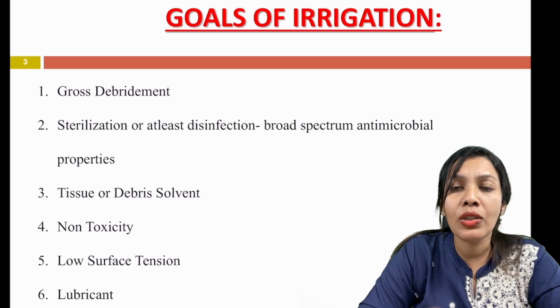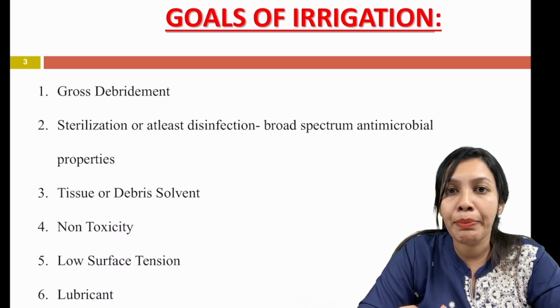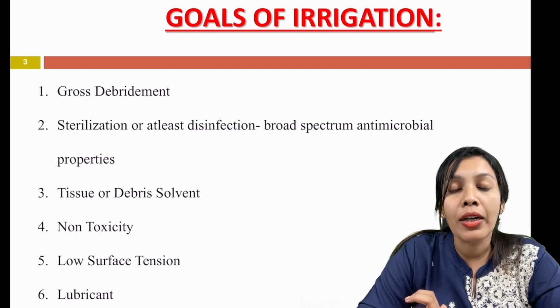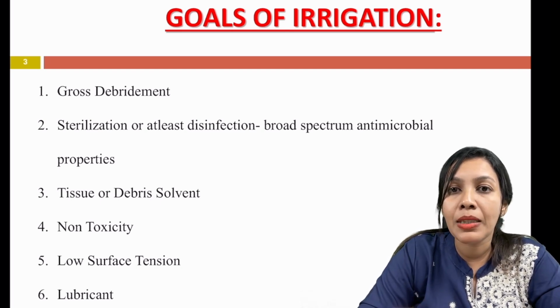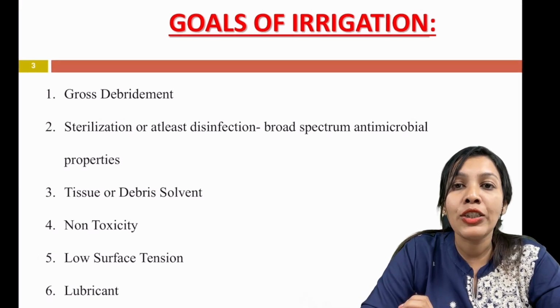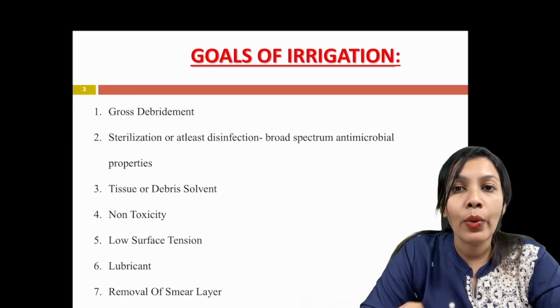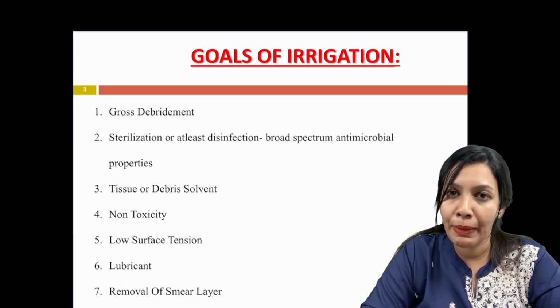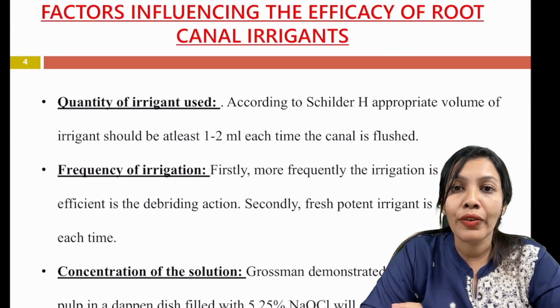It should be able to dissolve tissue like pulp tissue in the tooth, which consists of organic materials, and it should not be toxic because sometimes it might go beyond the root apex. It should have lower surface tension. It should act as a lubricant, and very important, it should act in the removal of the smear layer. So these are the goals of irrigation.